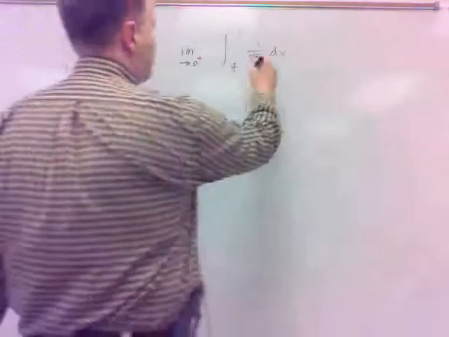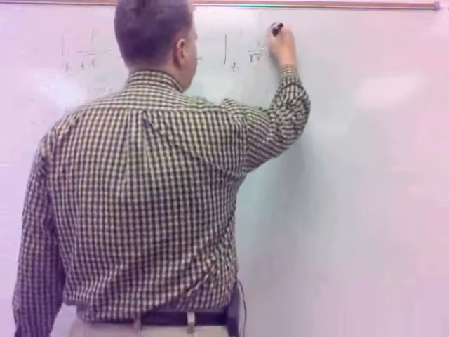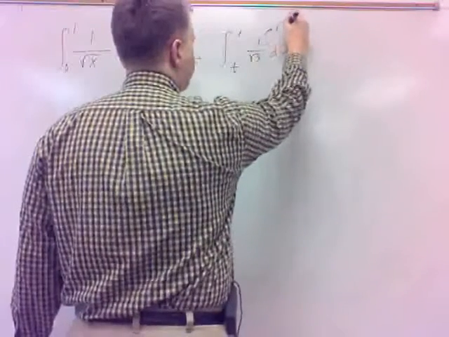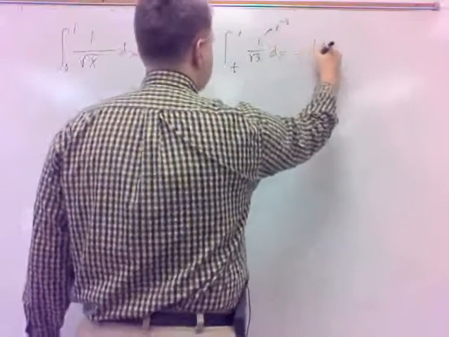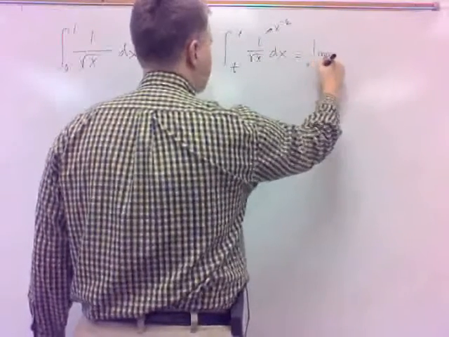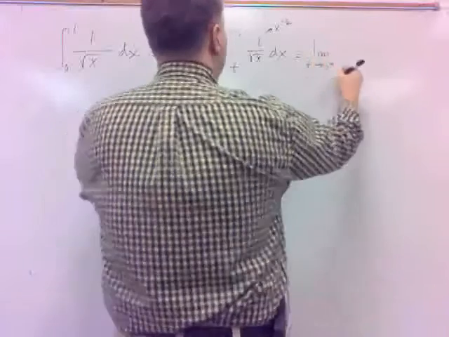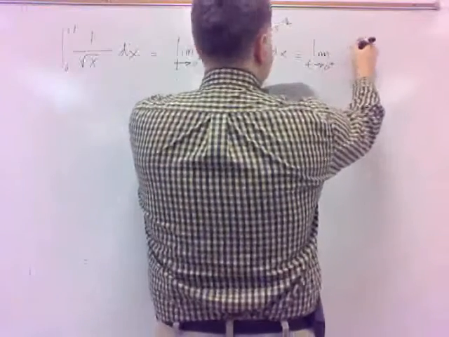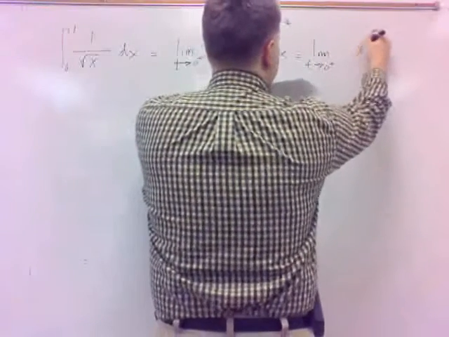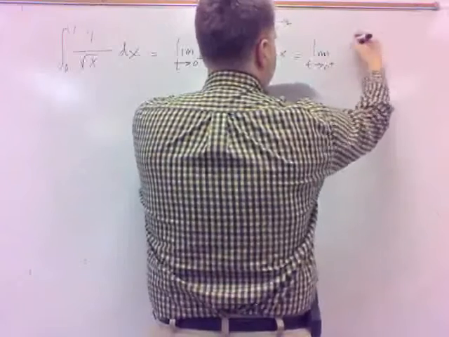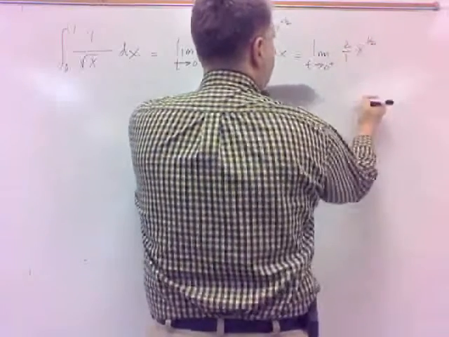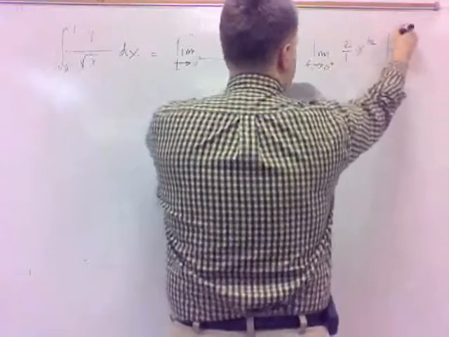Well, here, this is just how I do that. That's x to the minus a half, isn't it? So the antiderivative would be: minus a half plus 1 is going to be positive a half, and so the reciprocal, 2 over 1, and then I go from t to 1.